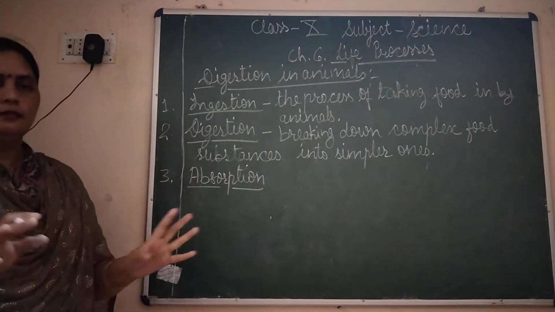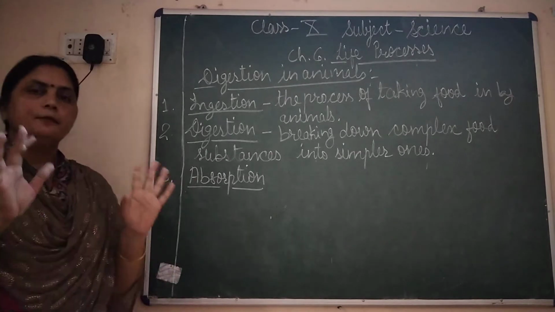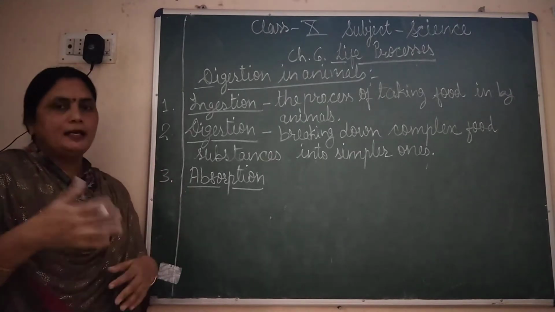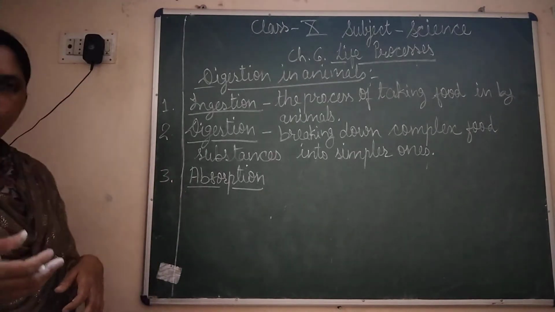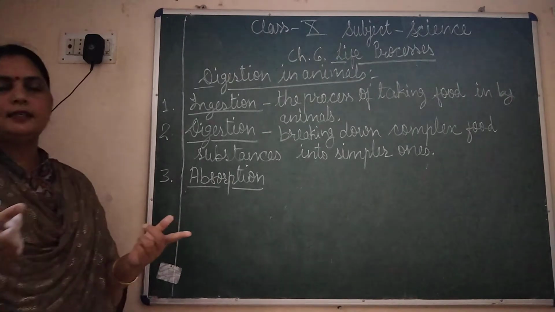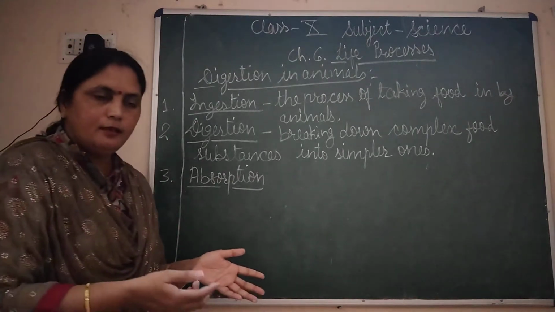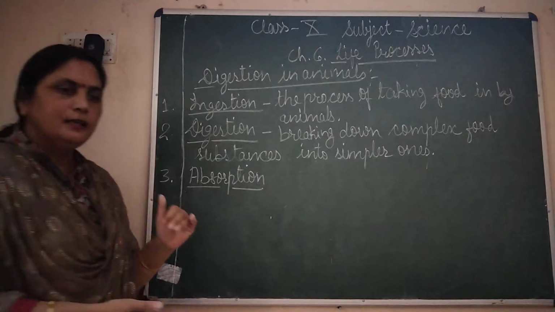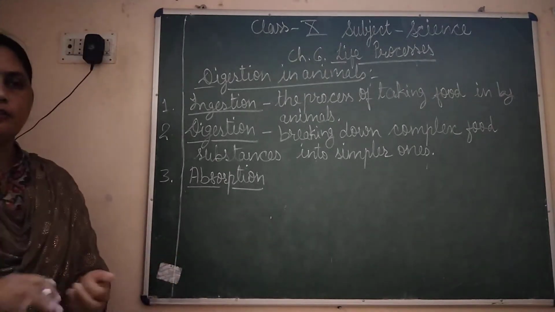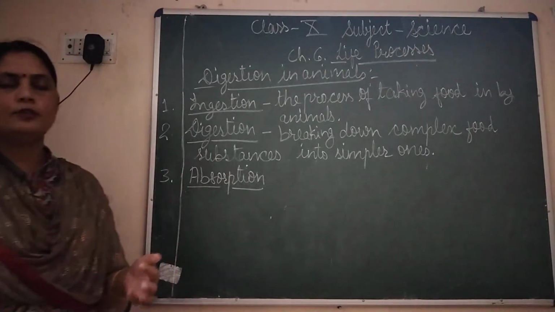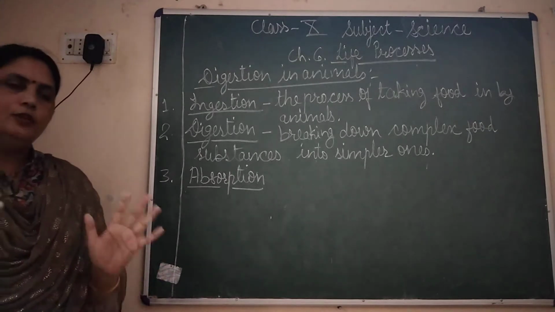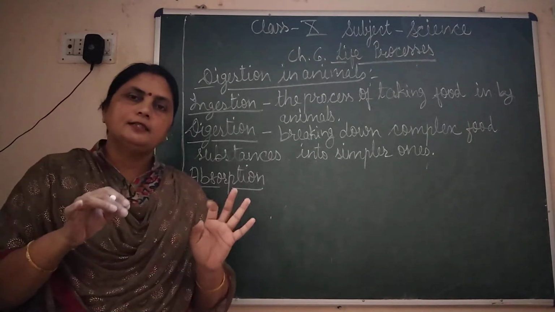It depends on the complexity of the animals. In simple animals a single cell is there, so absorption will be of that type. Then there are multicellular animals of lower grade, then multicellular animals of higher grade. So in all the animals absorption is there.